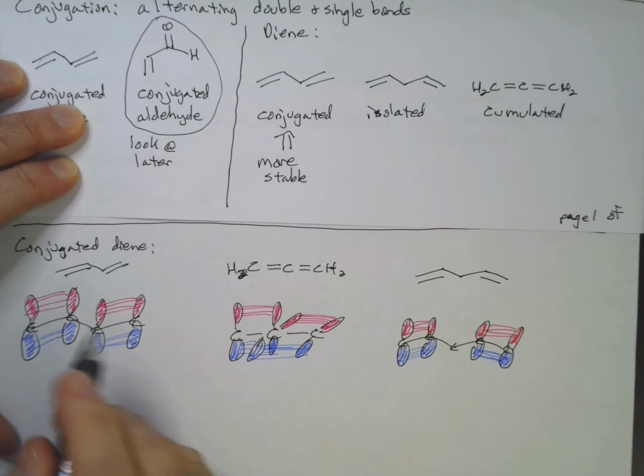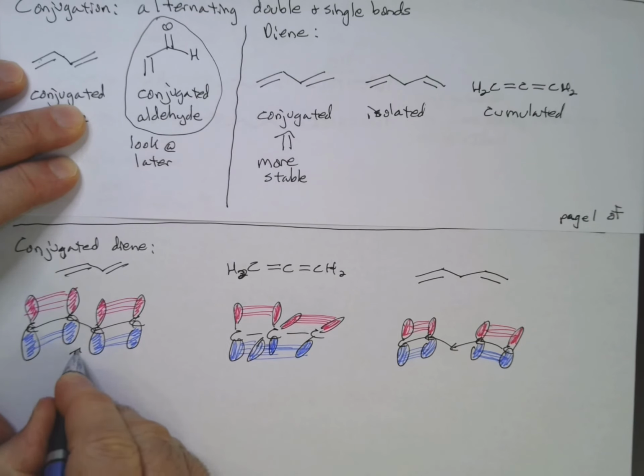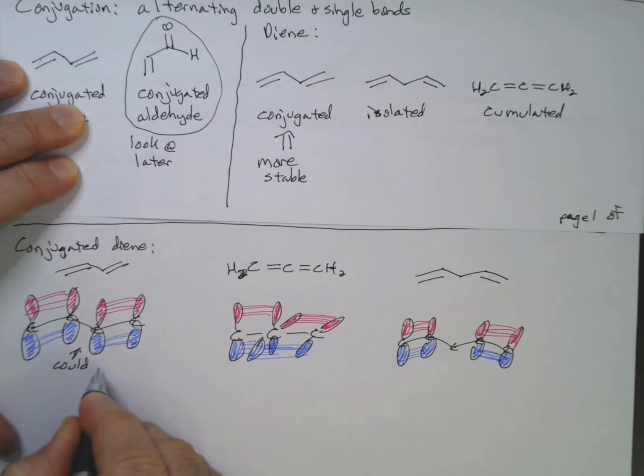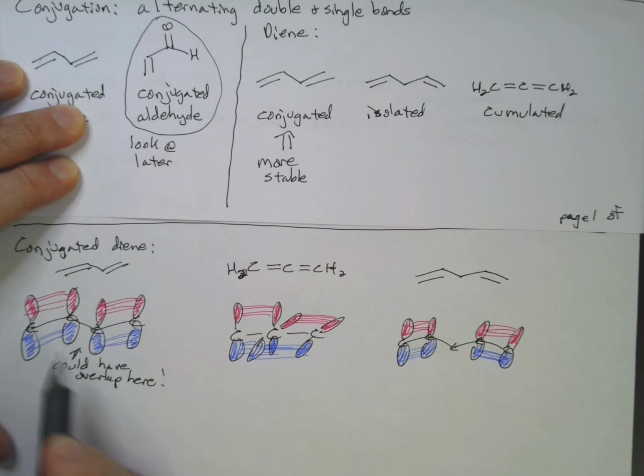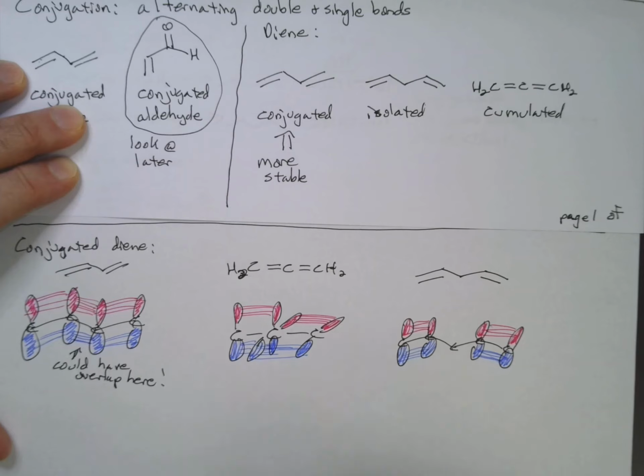Now notice that because these guys are close together, we could have overlap in the middle. So essentially the pi electrons are delocalized over the whole molecule.